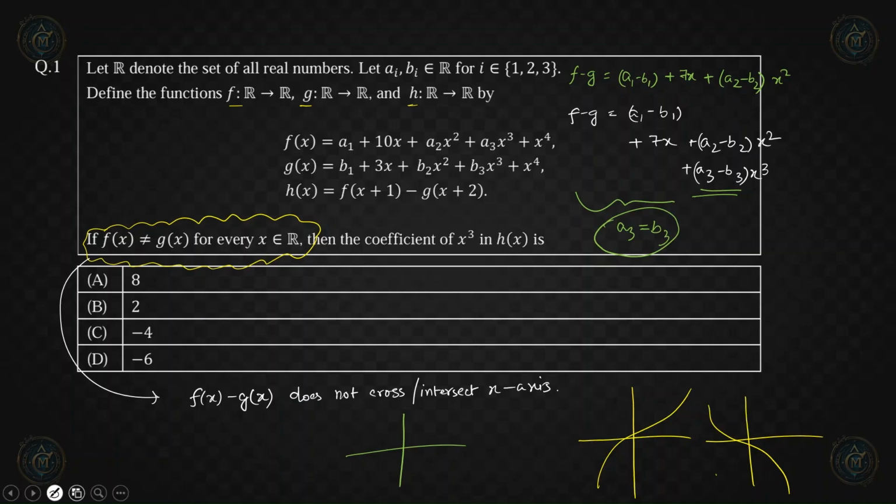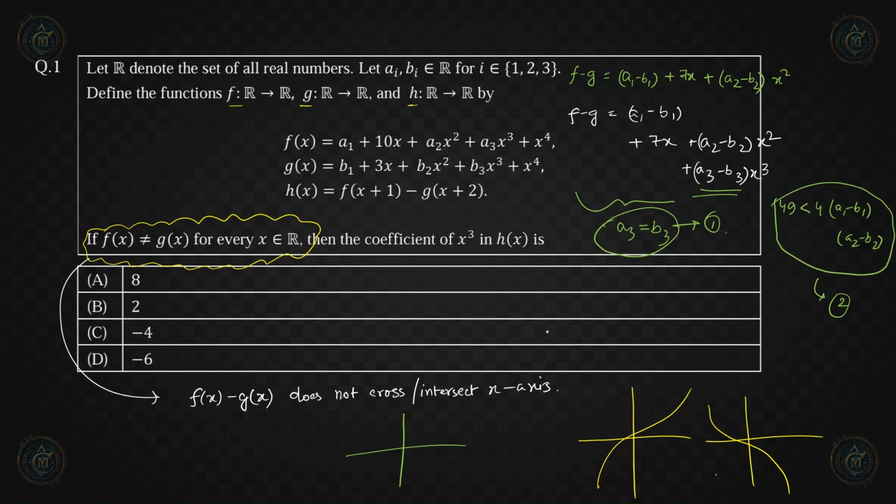So we have another condition: 49 is less than 4 times (a1 minus b1) times (a2 minus b2). This is condition number 2, and this is condition number 1.